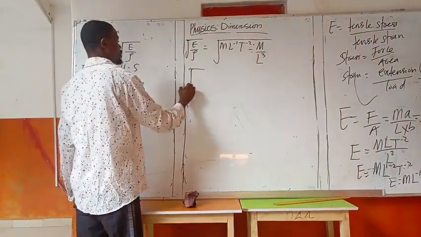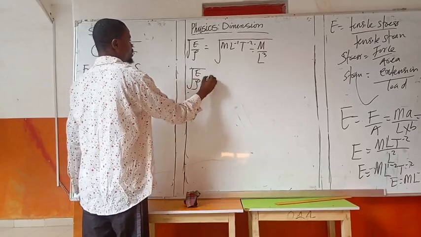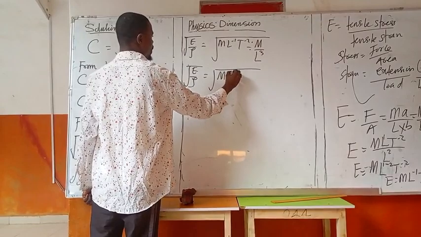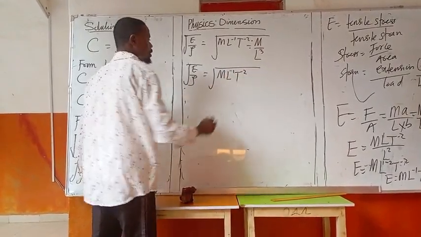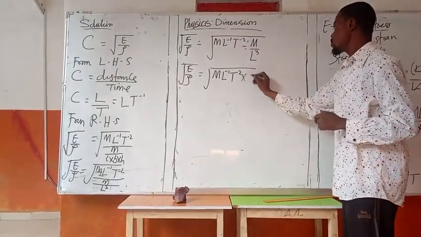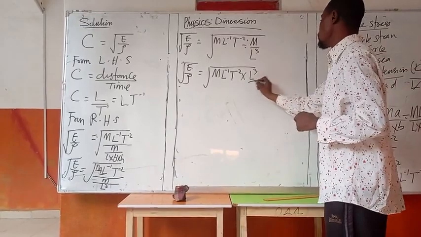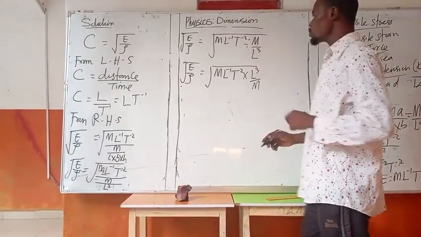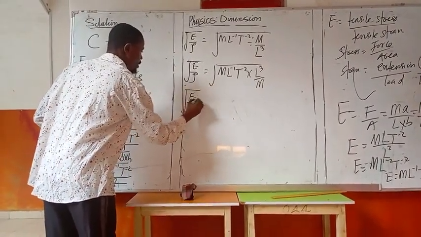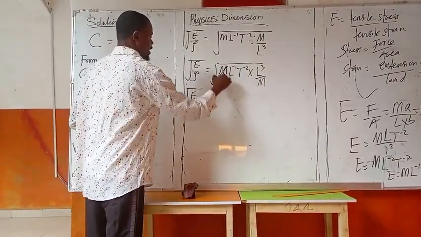Then what am I going to do? I will change this division to multiplication, times L raised to the power 3 all over M. We now have the square root of E over rho is equal to, M cancels M.